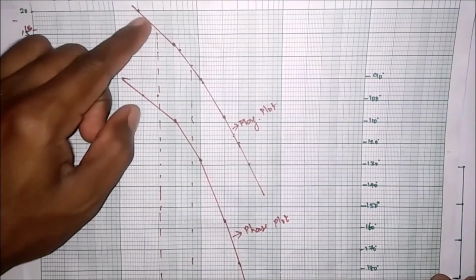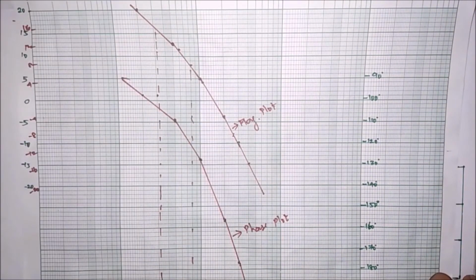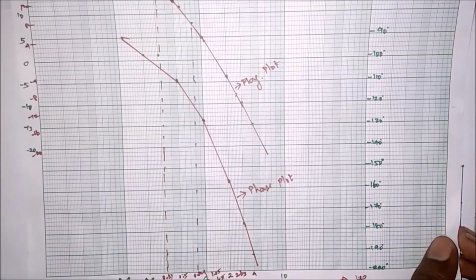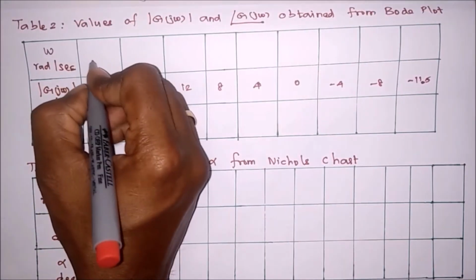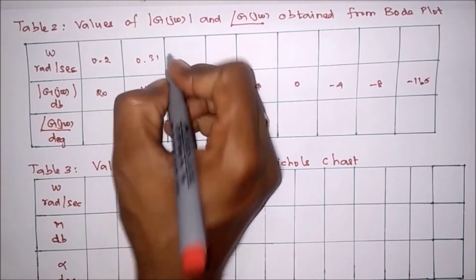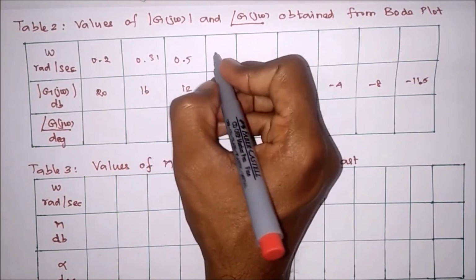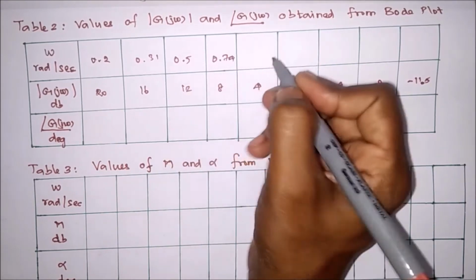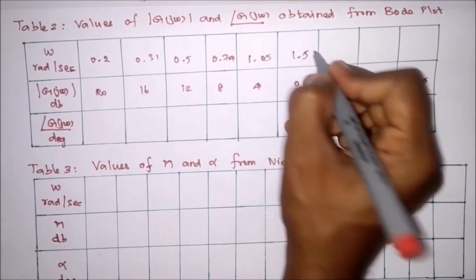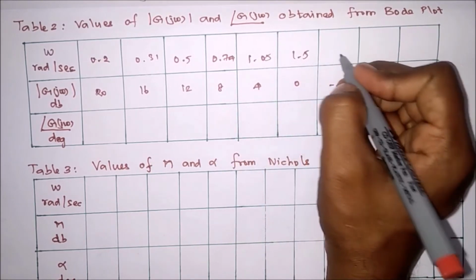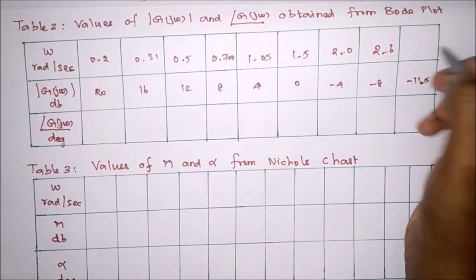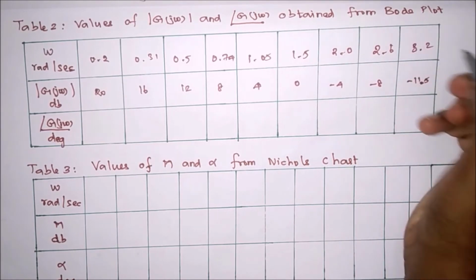From the magnitude plot, we have marked the corresponding omega values, which I am going to write here: for 20, 0.2; for 16, 0.31; for 12, 0.5; for 8, 0.74; for 4, 1.05; for 0, 1.5; for minus 4, 2.0; for minus 8, 2.6; for minus 12, 3.2.